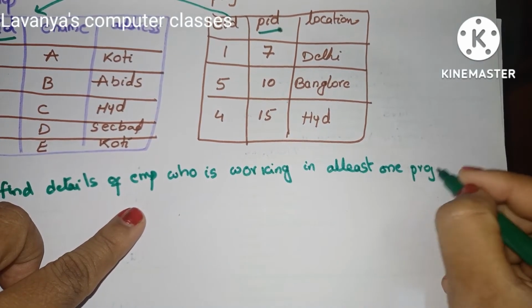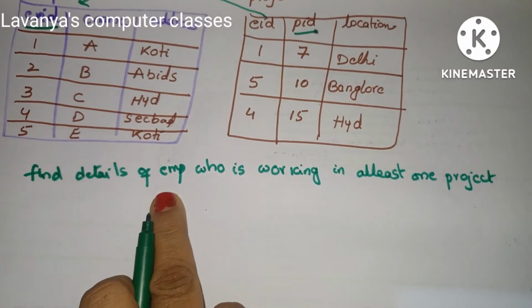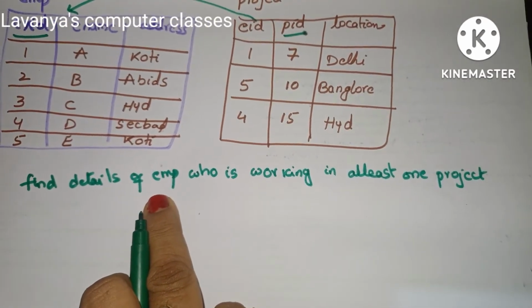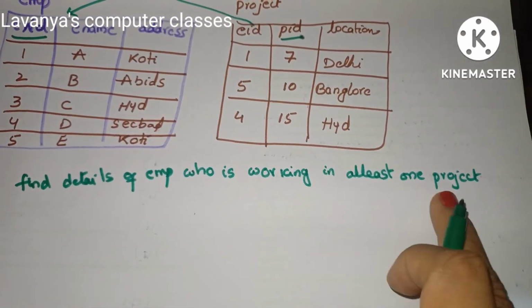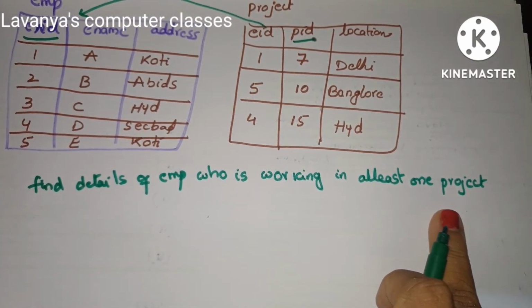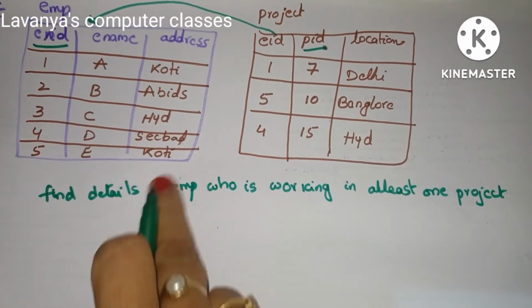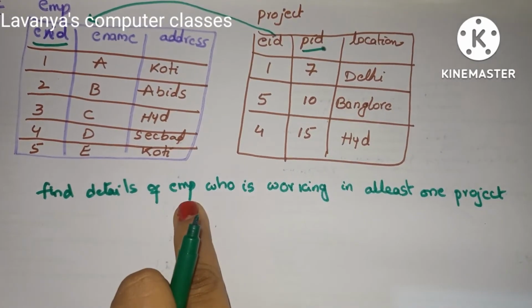So what is our question? Find the details of employees. I don't want all the employees, only those who are working in at least one project. The employee should be working in any project, at least one project. That's why I took two tables. One is the employee table, because the employee table contains the information about employees.